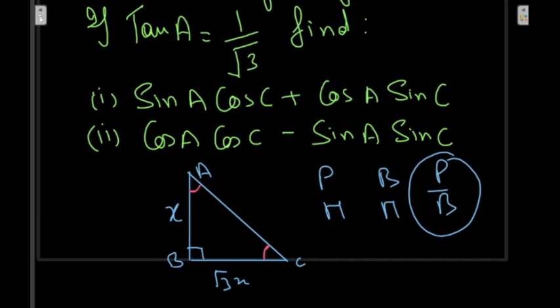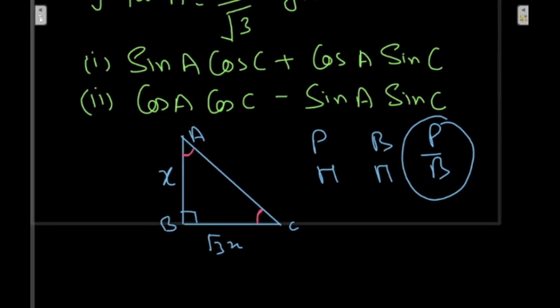It's simple. We have to apply Pythagoras theorem, which says that square of hypotenuse is equal to sum of squares of two sides.